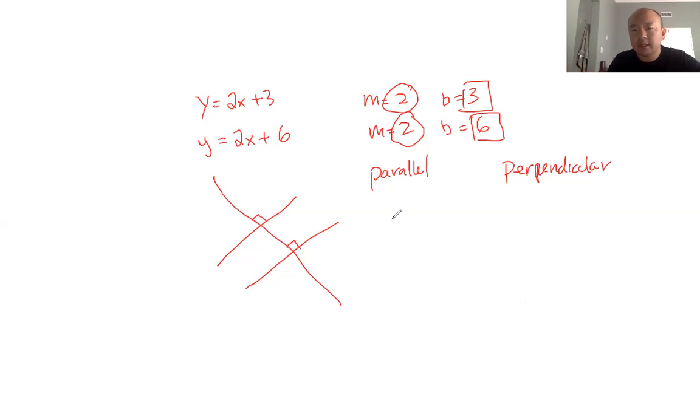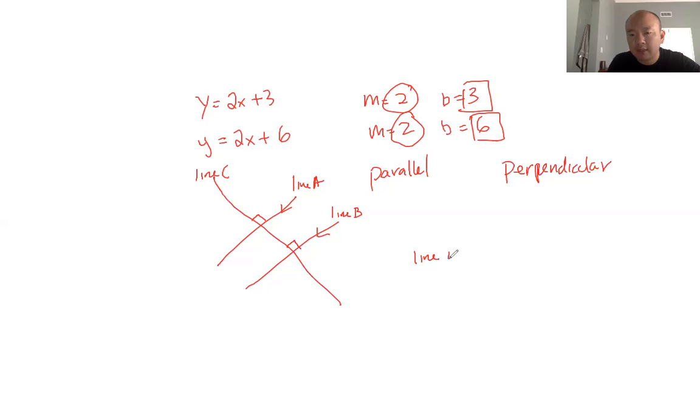Okay, so let's just say this. We have line A, line B, and let's say this is line C. Let's say these two lines are parallel and this line is perpendicular to both of these lines. Let's make a chart here.